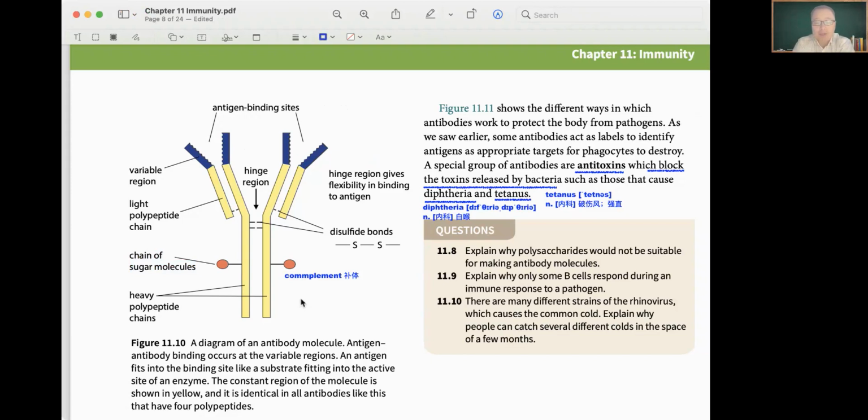There's actually C1, C2, C4, even C12 complements. C means complement. No need to remember their functions, but you just need to know that the complements will combine with the antibody in the lower part of the polypeptide chain, the chains of the sugar molecules.